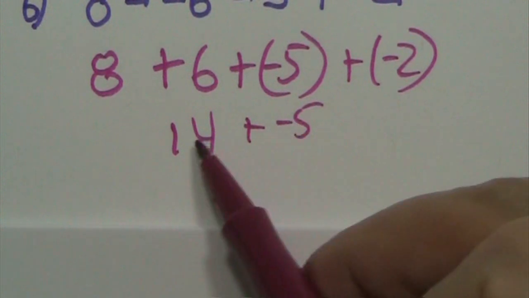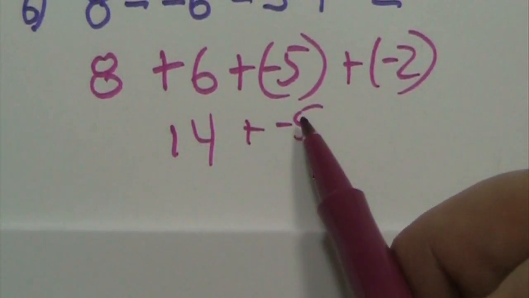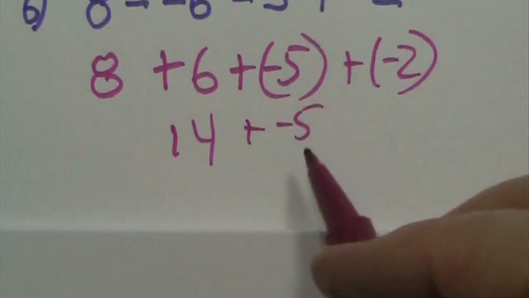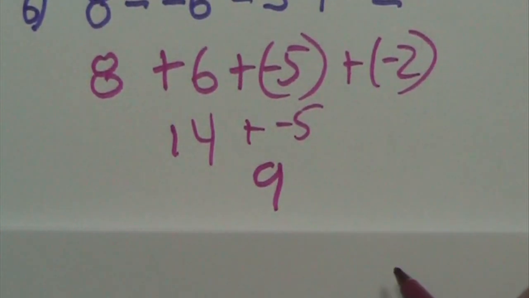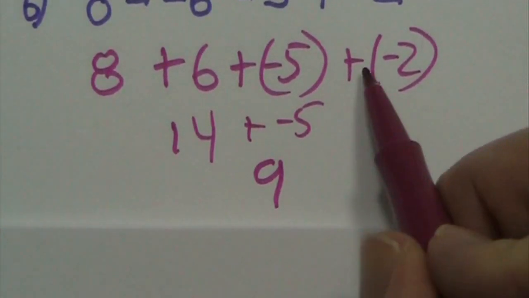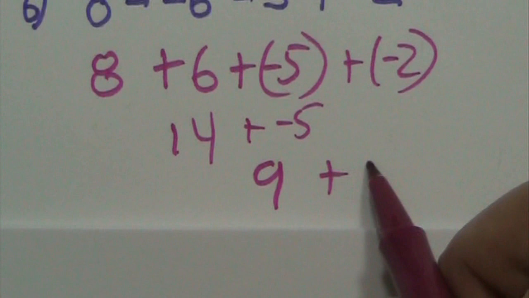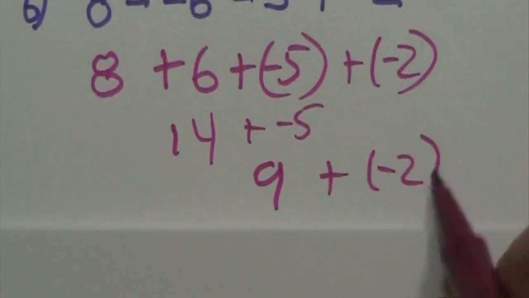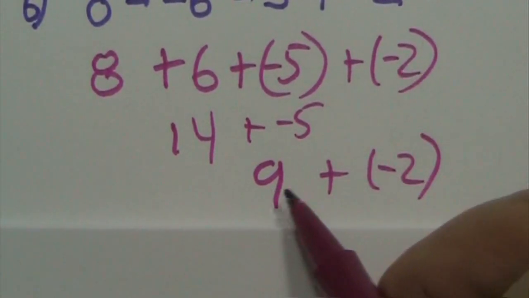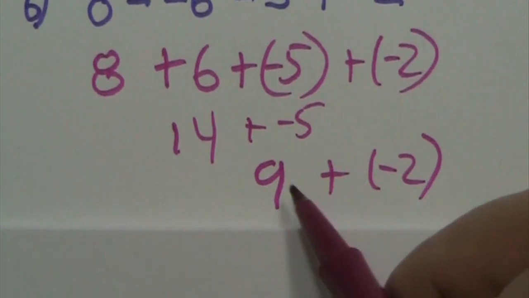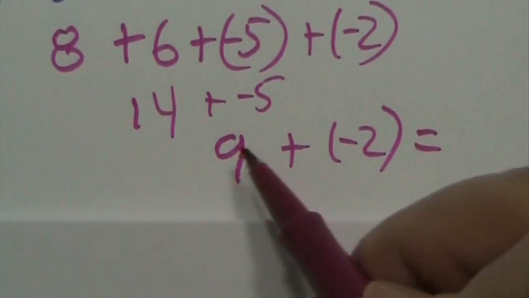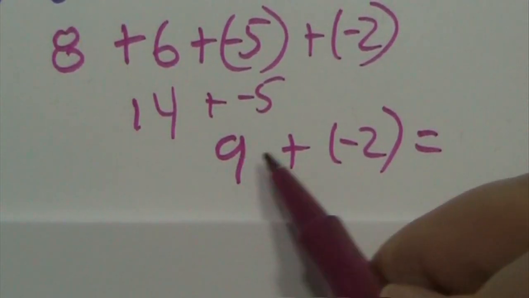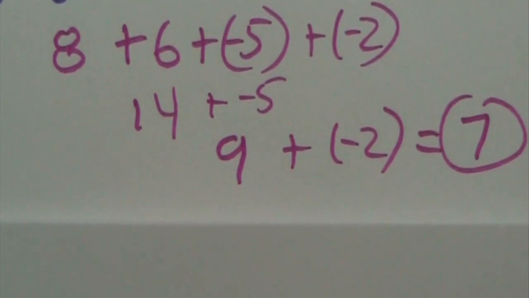Okay, these two together, 14 and negative 5. 14 take away 5 would make 9, right? And then you have this negative 2. So 9 and negative 2. 9 and 2 negatives. Well, there's more positive. 9 take away 2 is 7.